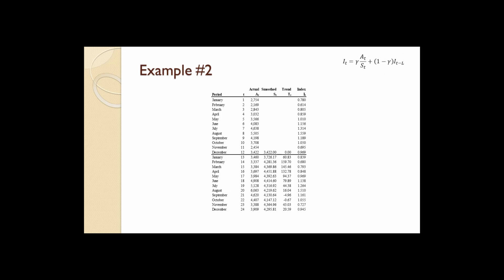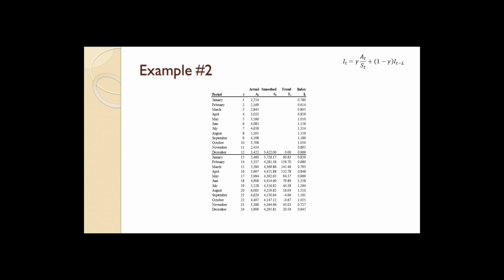We are now ready to update the indices. The formula to do that is shown on the screen. Remember, these are informational only and are not used for the remainder of the problem. I13 equals 0.4 times 3460 divided by 3,726.17 plus 1 minus 0.4 times 0.780 equals 0.839. I14 equals 0.4 times 3,337 divided by 4,281.36 plus 1 minus 0.4 times 0.614 equals 0.680.